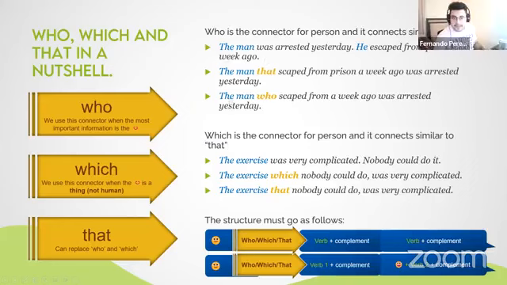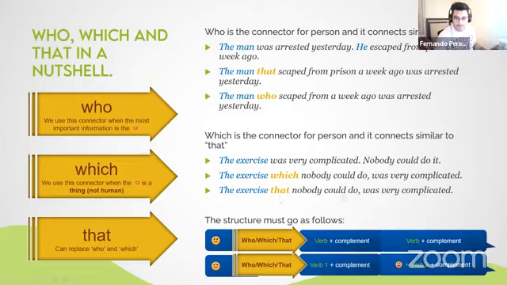Observe the exercise. Let's talk about this. The exercise was very complicated. This is idea number one. Idea number two, nobody could do it. So connecting the two ideas, you get the exercise that nobody could do.